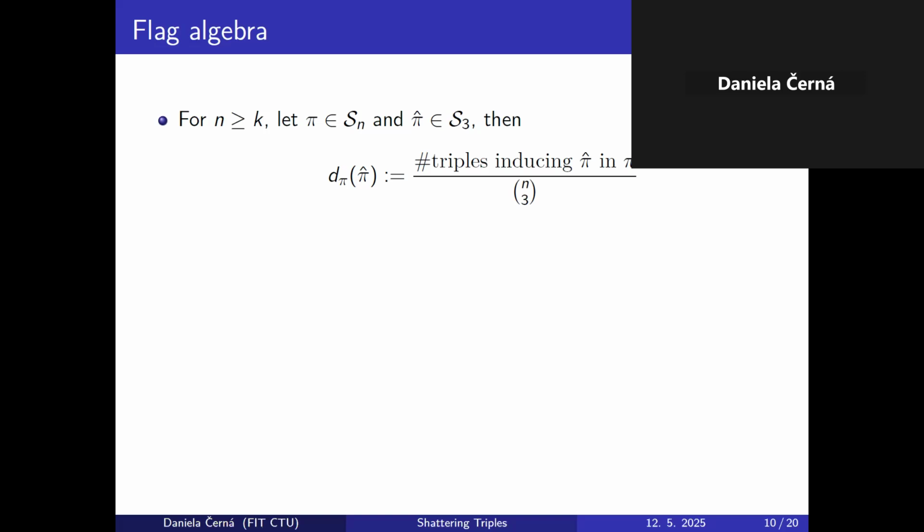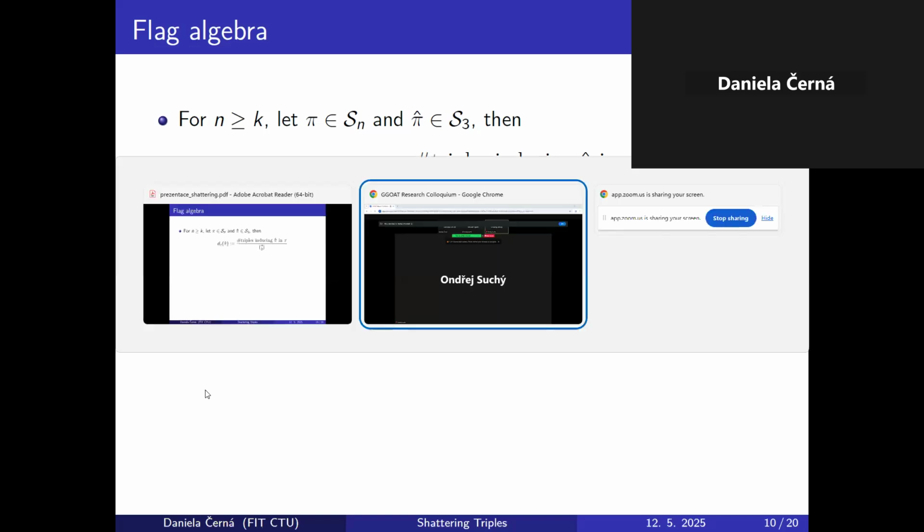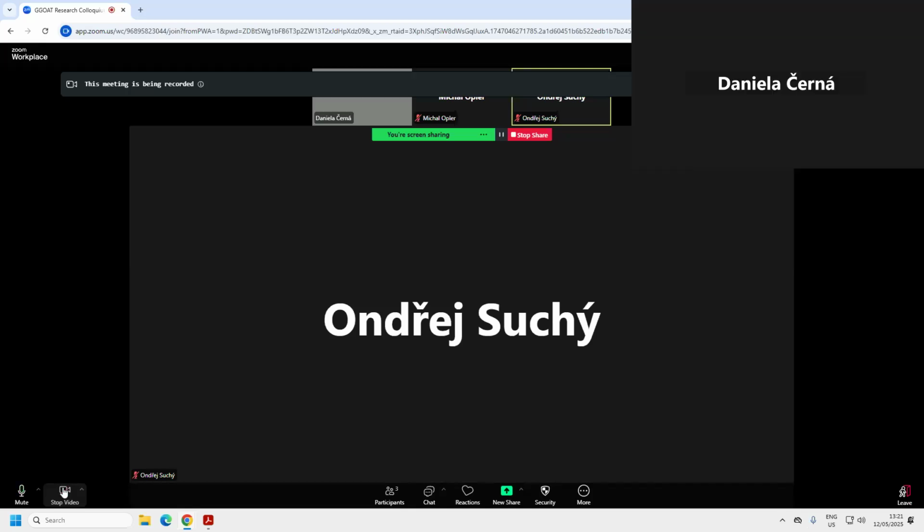So instead of looking at 6 permutations, I can look at 5 permutations and ask to see all the patterns except the identity.